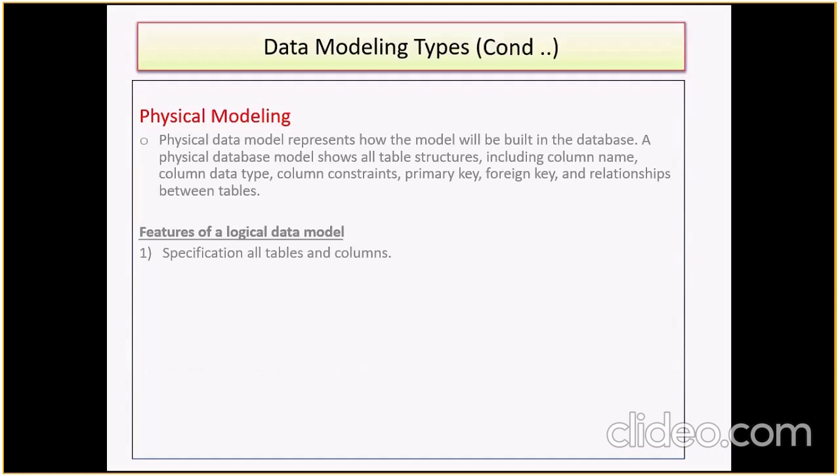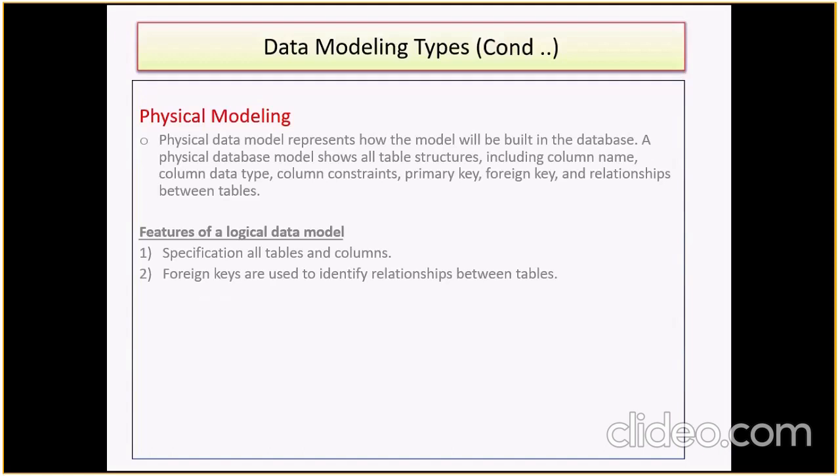So what are the features? Specification of all the tables and columns, like these are my tables, and this table contains this many columns. Foreign keys are used to identify relationships between tables. Until physical modeling we were talking about entities. Now we have shifted that term to table.